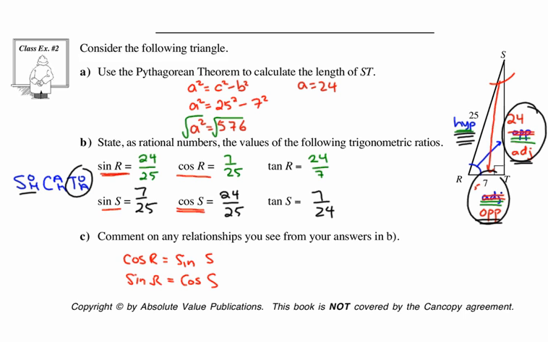And then the tan ratios are just the reciprocal, or flipped, of each other.